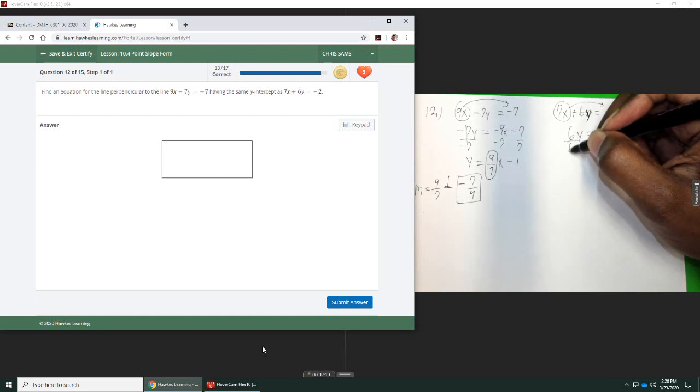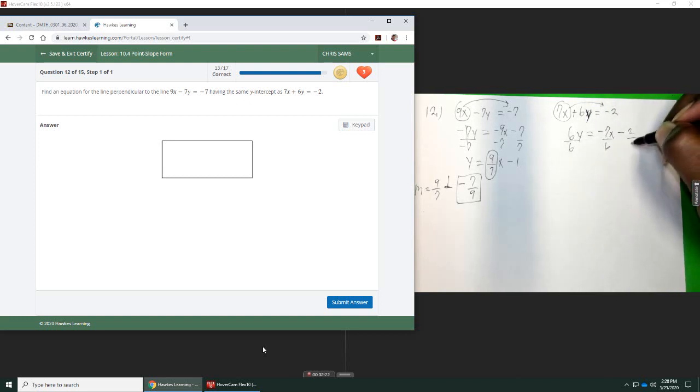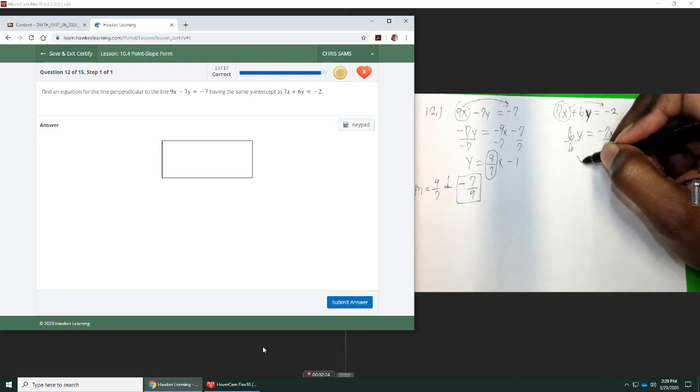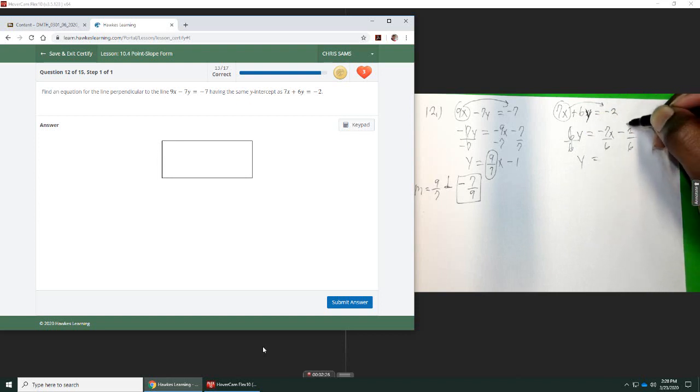And then divide by 6. And we get y equals, and the only thing we're concerned with here is the intercept. So this will be a negative 1 over 3 once you reduce. Divide both by 2. So your intercept is negative 1 over 3.